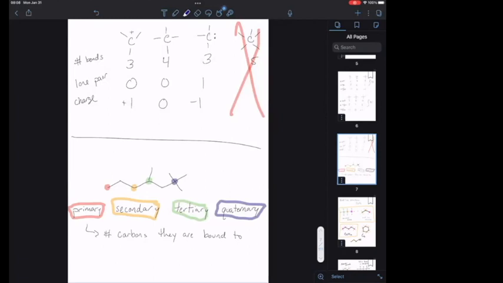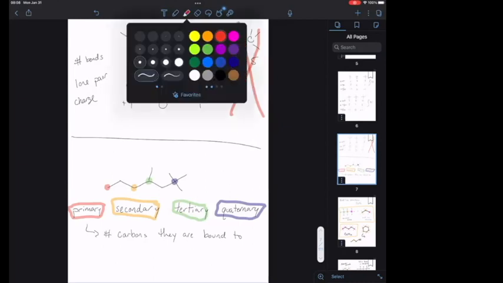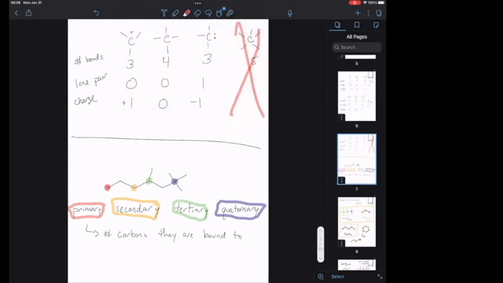Everybody take a second and see if you can spot how many primary carbons there are. I labeled one of them with my little red coloring here. There are other ones in there as well. See if you can spot all my primary carbons, and likewise all my secondary carbons.